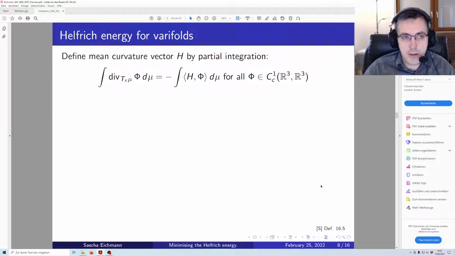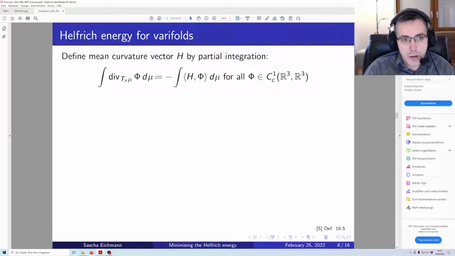And to calculate this, you need a mean curvature. And what you do now to define a mean curvature is basically you say that the varifold has to satisfy a partial integration. So, what does it mean? If you take a test function phi and you calculate the divergence of phi with respect to the tangential space of the varifold, and this is actually some given function h times phi, then you say that this given function h is a mean curvature vector of the varifold.